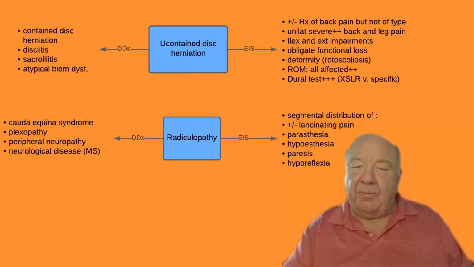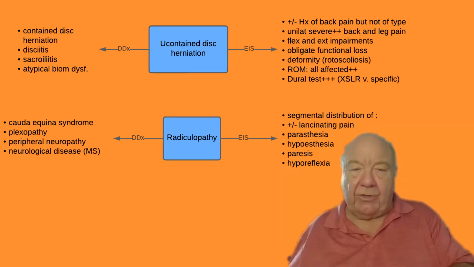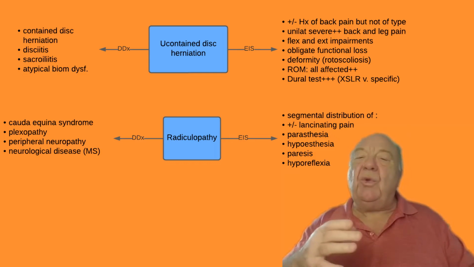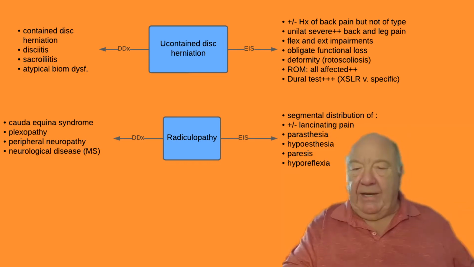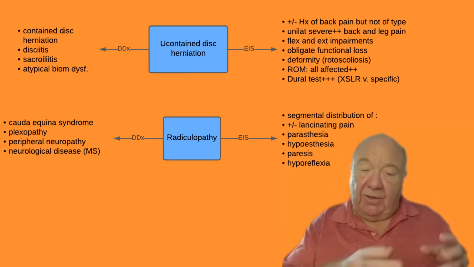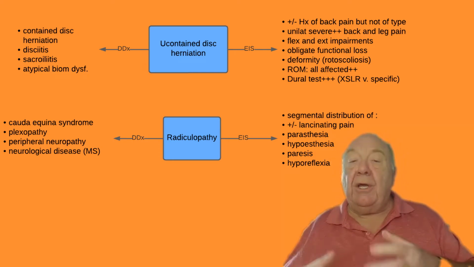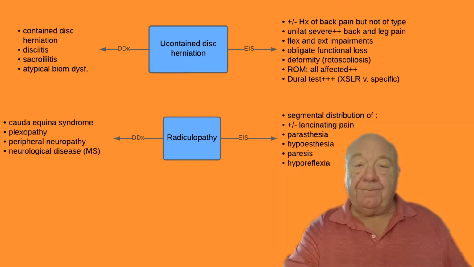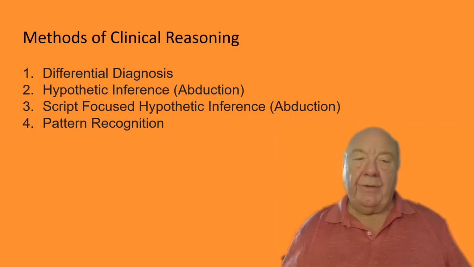A radiculopathy isn't necessarily caused by a disc herniation, but if you're seeing a radiculopathy that doesn't include severe back pain and severe leg pain, then the chances are this is of a neurological origin and not the musculoskeletal pain caused by a disc herniation.